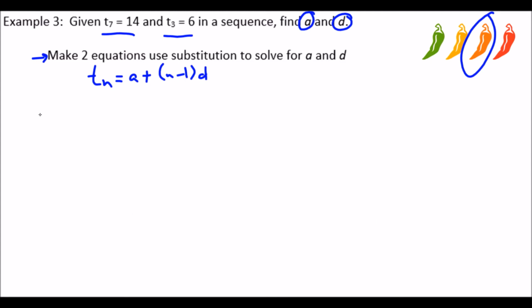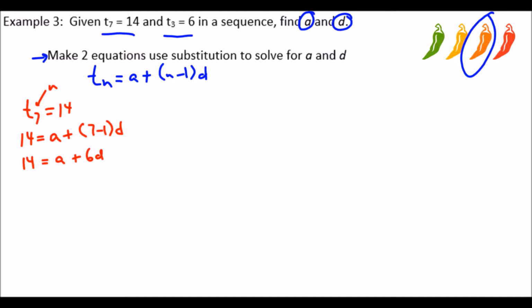My first one I know is, do this one in red, T7 is equal to 14, so plug it in. 14 is equal to A plus, this guy right here, that is my n, so (7 minus 1) times D. So 14 is equal to A plus 6D.